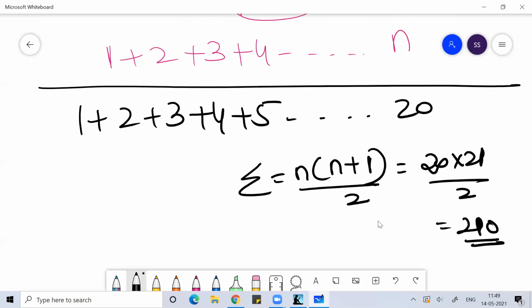Okay, remember this. Then, what are real numbers? So real numbers can be both rational numbers as well as irrational numbers.